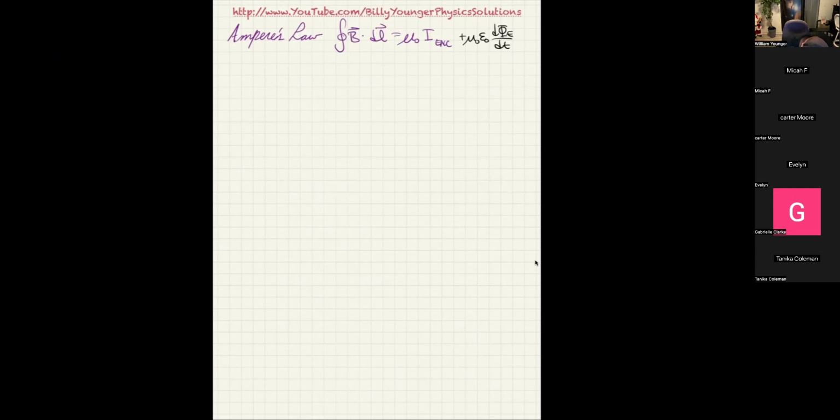So I could represent that by a series of wires with a current coming out of the page, dot, dot, dot. And then I could represent the bottom of that with a series of wires with current going into the page, dot, dot, dot, and then another one here.